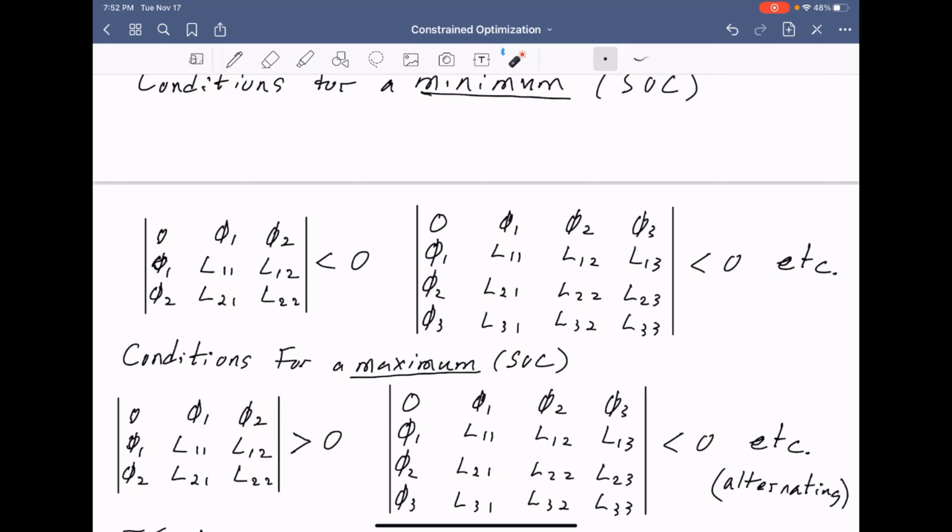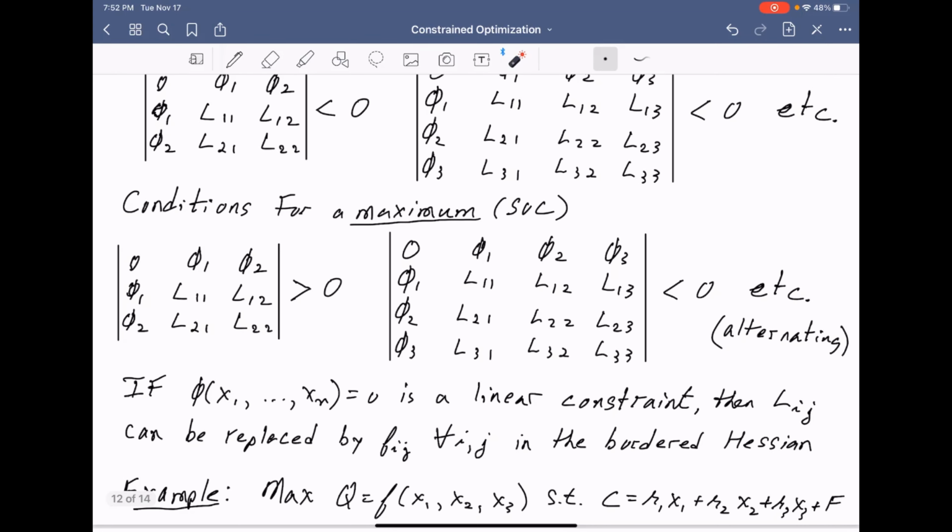The conditions for a maximum in this case are that the determinant of the bordered Hessian is first greater than 0, then less than 0, and if we have more variables, more x's if you like, more inputs into production, or more goods that are available, they alternate in sign. So beginning with a greater than 0 sign, then less than 0, then greater than 0, and so forth.